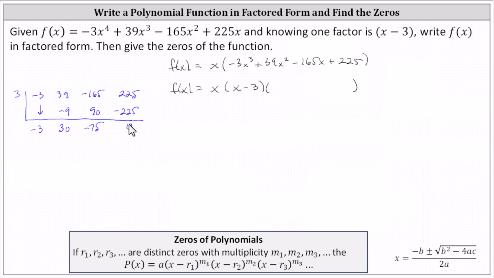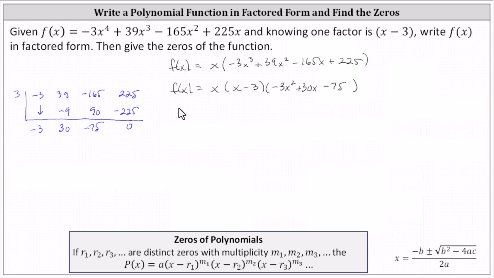This indicates the remaining quadratic factor is negative 3x squared plus 30x minus 75. From here, notice the given quadratic factor has a common factor of 3. Let's go ahead and factor out negative 3.